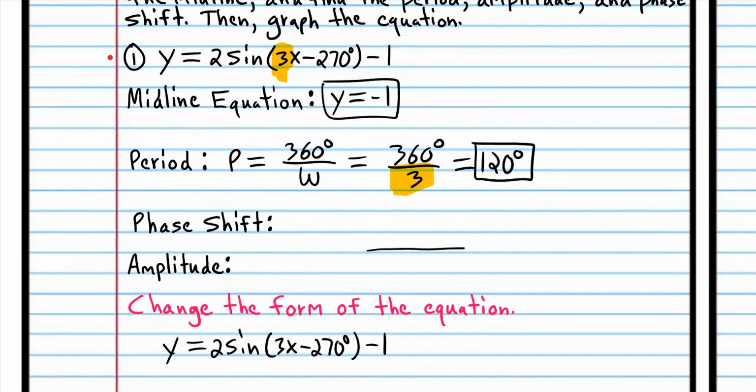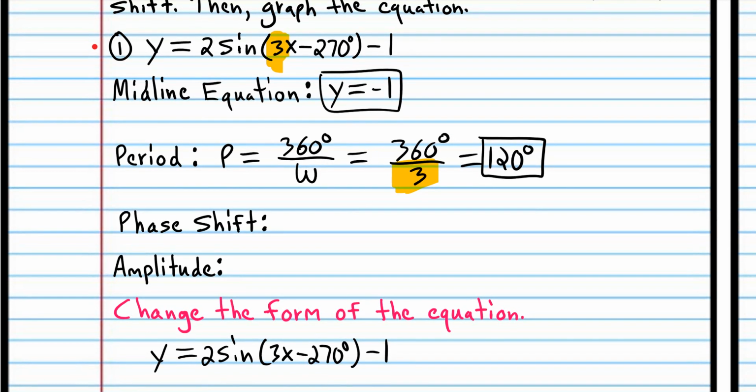Well, that's the horizontal distance for one complete cycle. It's 120 degrees. The green distance is 120 degrees. That's what that means. How are we going to use this in the problem? Well, you'll see as we go along.